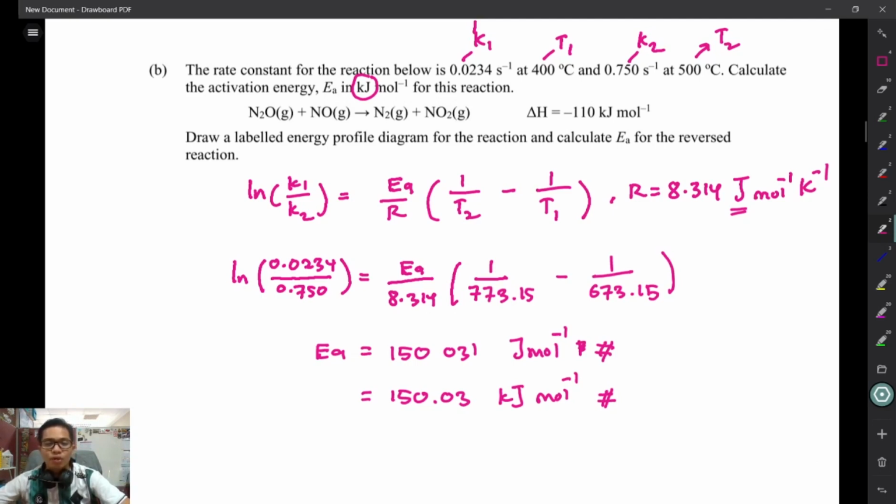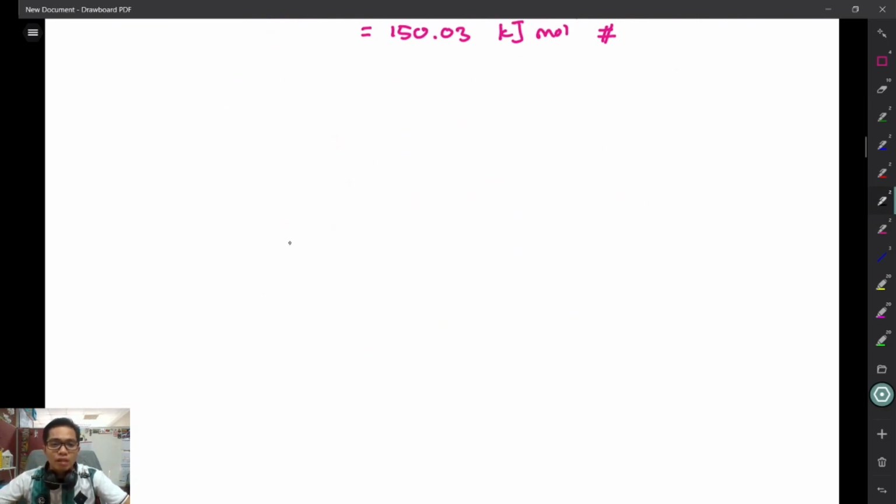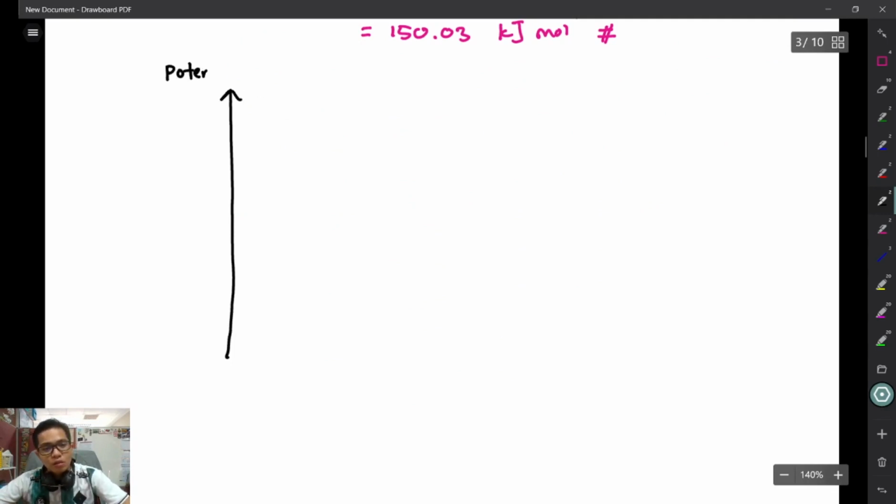So that is the first part, and then draw and label the energy profile diagram for the reaction and then calculate Ea for the reverse reaction. Energy profile diagram, so definitely there must be a Y axis and an X axis. The Y axis is potential energy, unit in kilojoule.